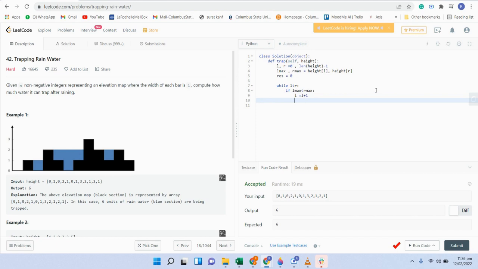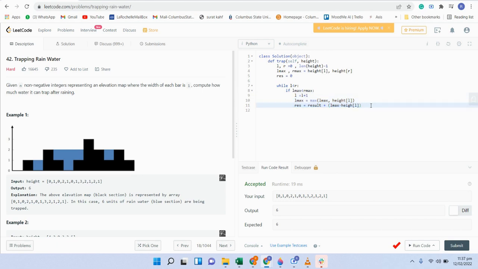Second, recalculate the left max: check whether left max or the current height is the maximum, and whichever is the maximum value, update left max. And then update the result: result plus left max minus height at the left position, right?